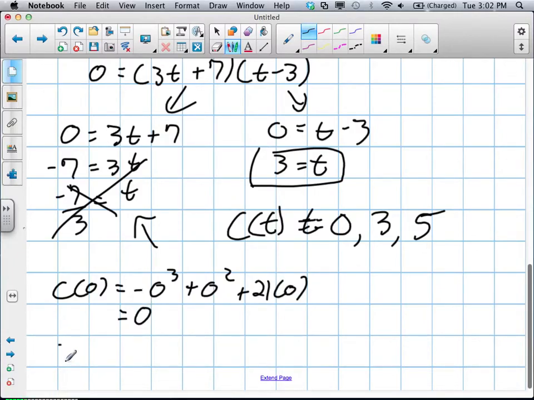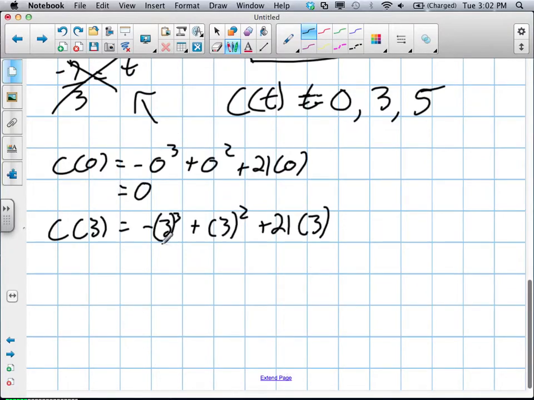C of 3 gives us negative 3 cubed plus 3 squared plus 21 times 3. 3 cubed gives us negative 27, 3 squared is 9, and 3 times 21 is 63.